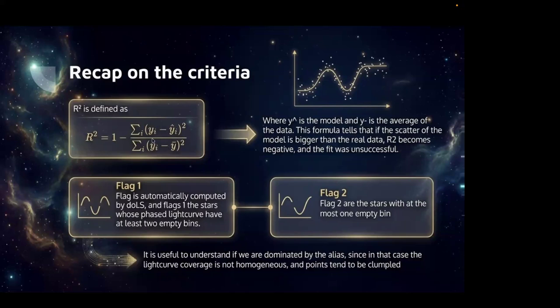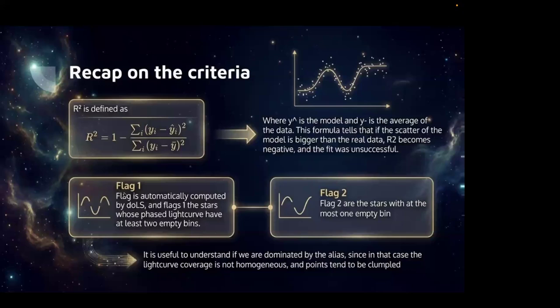Yi here is the observed magnitude, and this parameter here is the model, because in the RANSAC mathematical model, it starts to fit up to 100 polynomial lines to each light curve, then averages among them and finds the best fit for each light curve. Generally, if the scatter of the model is bigger than the real data, the R2 parameter becomes negative, and it shows that it's completely unsuccessful.